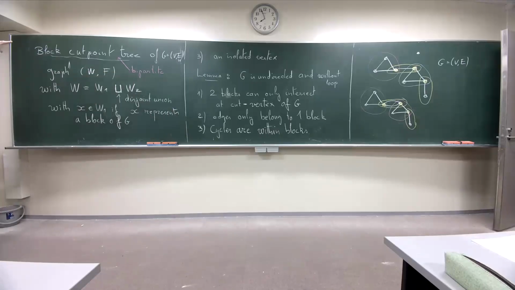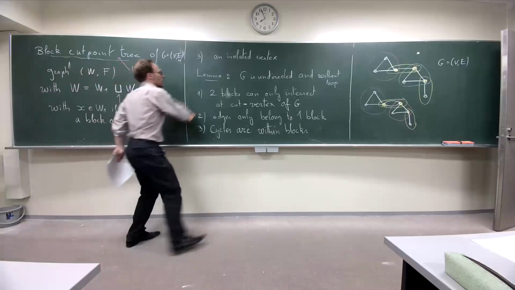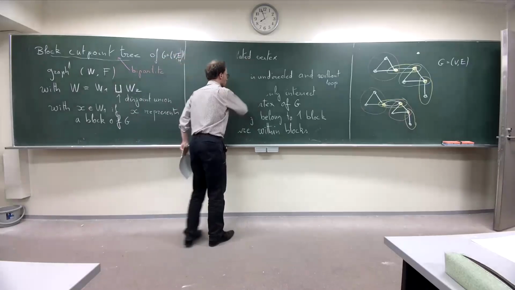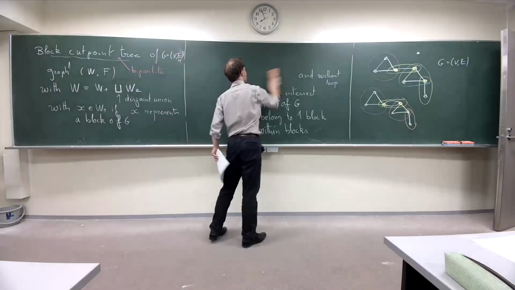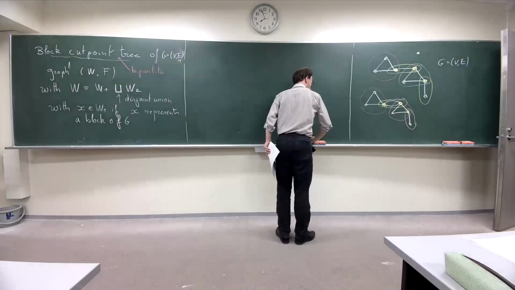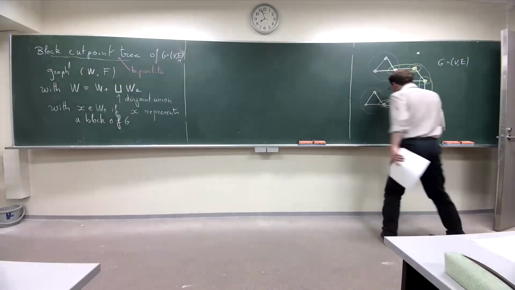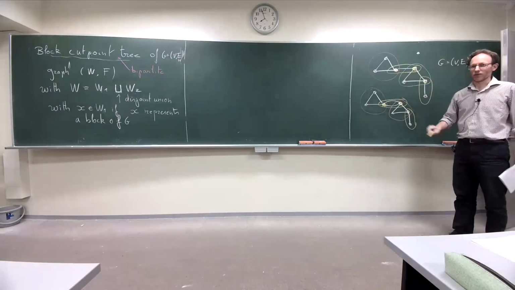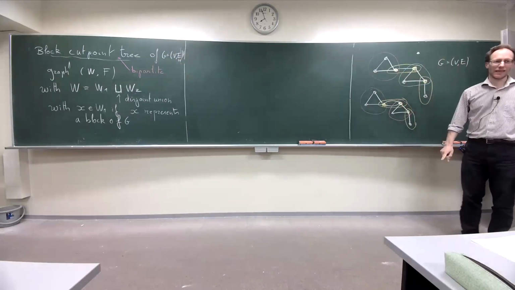So in particular, on this example, I'm going to have 4 elements in W1. Now I need to define the element of W2. Can you guess what are going to be the elements of W2? The cut points of the big graph. So the intersections, more precisely.